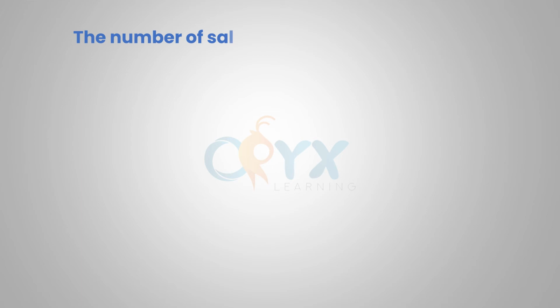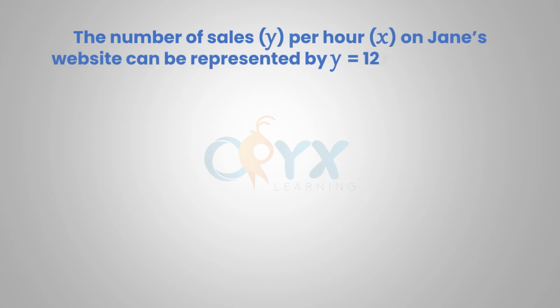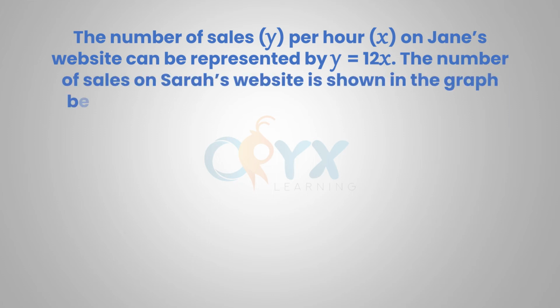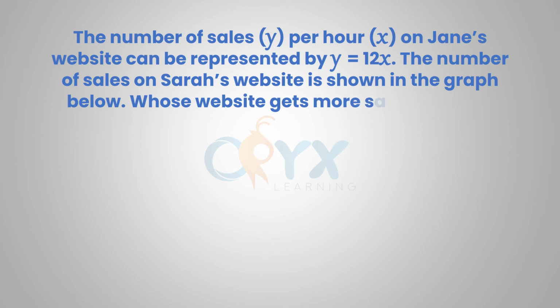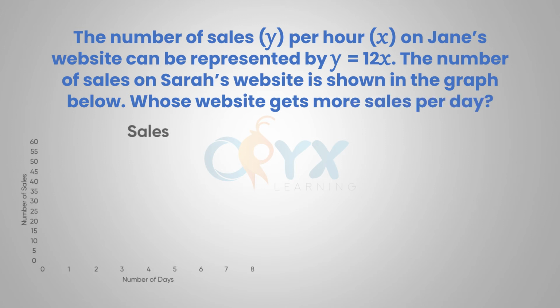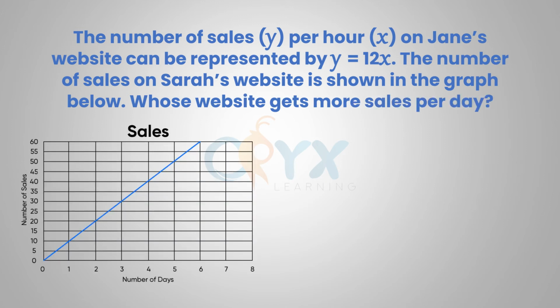The number of sales y per hour x on Jane's website can be represented by y equals 12x. The number of sales on Sarah's website is shown in the graph below. Whose website gets more sales per day? Sarah's website gets 10 sales per day, right? We can see that on day 3, she had 30 sales.